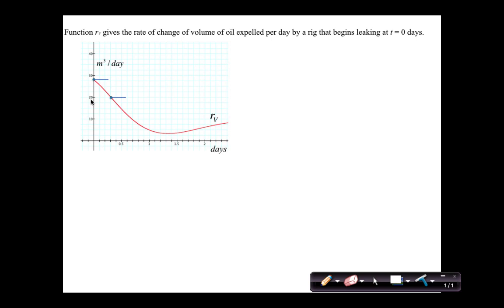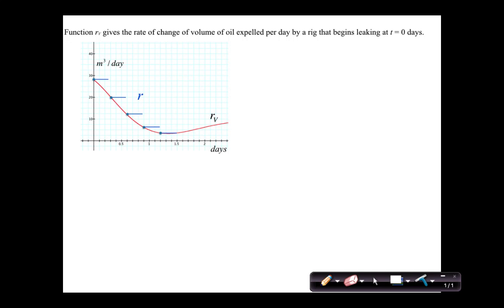We could use different lengths of time for the approximation, but it's a lot easier if you just pick one number and stick with it. That way you can have this kind of repetitive, every so often I'm going to change my rate estimate. And so what I'd like us to do, and this is just arbitrarily chosen, is I'd like you to draw what I've drawn up here every 0.3 days for the next, well, up to about there.